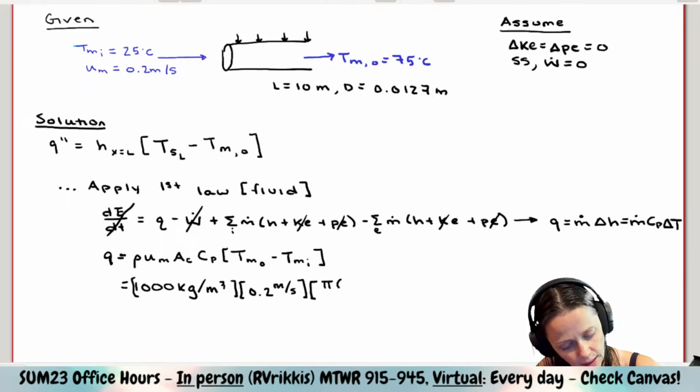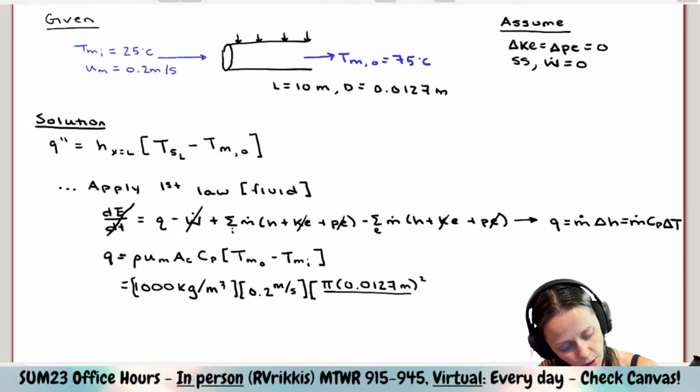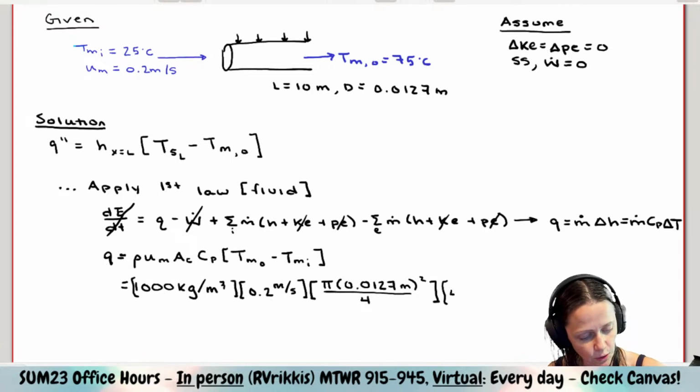So pi times our diameter, 0.0127, and this is meters, squared over 4. Perfect. So there's a cross-sectional area, then I've got a Cp value. So not 4, but 4,000 joules per kilogram K.